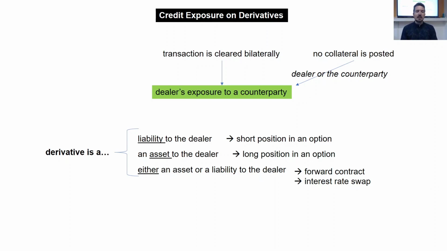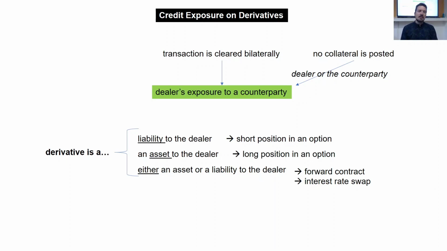If this is a liability, then we can say that we have a short position in an option, so we are writing out an option, collecting the fees, and sooner or later we have to serve the client.